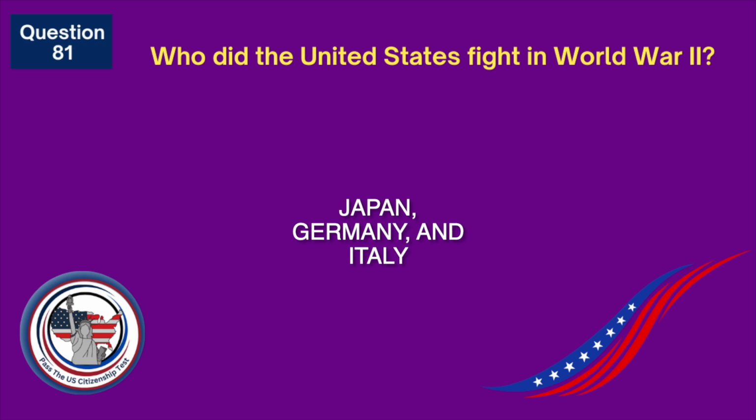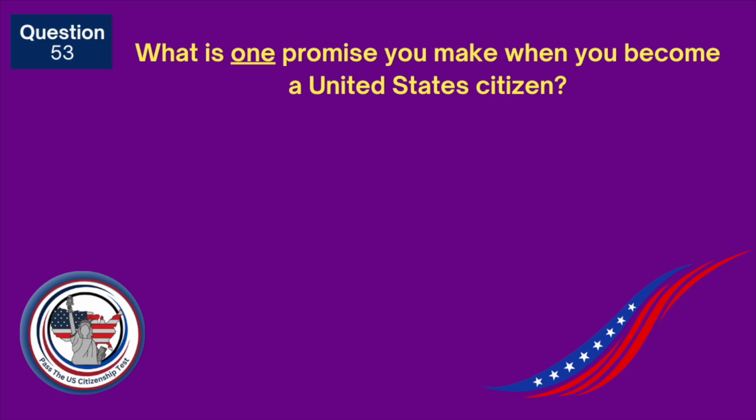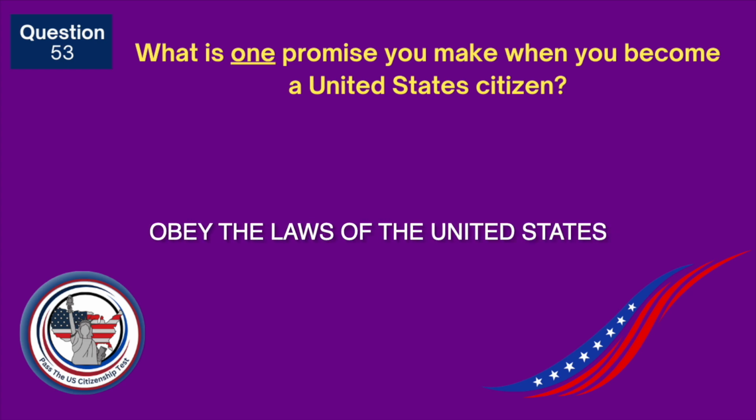Japan, Germany, and Italy. What is one promise you make when you become a United States citizen? Obey the laws of the United States.